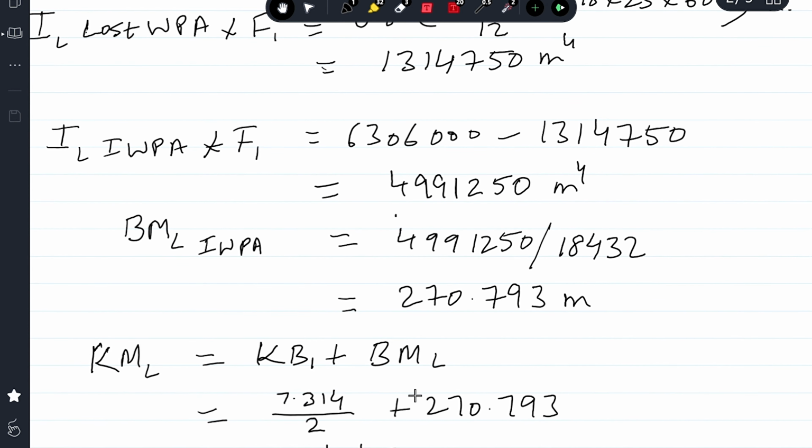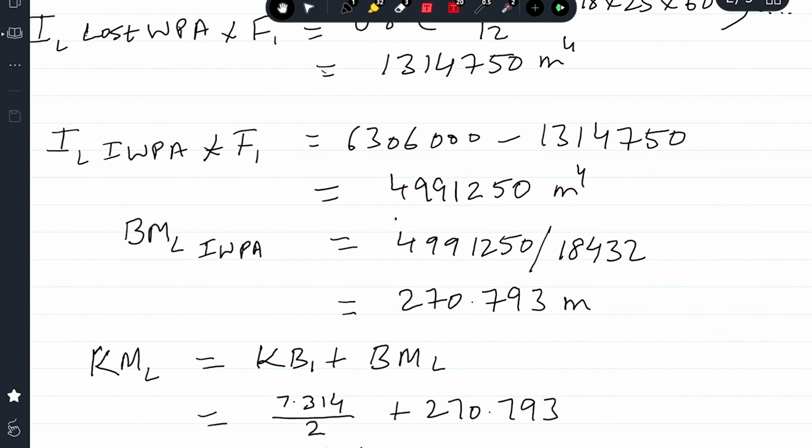I got the moment of inertia now. I can find the BML of the intact water plane area. That's the moment of inertia of the intact water plane area, 4991250, upon underwater volume, which is the same as before, 18432, and I get 270.793 meters. That is the BML of the intact water plane area.